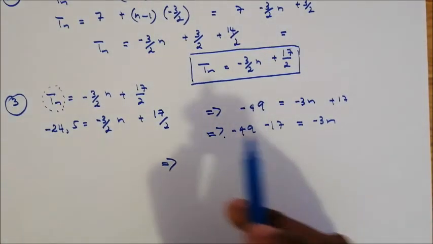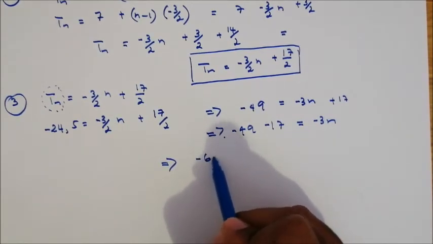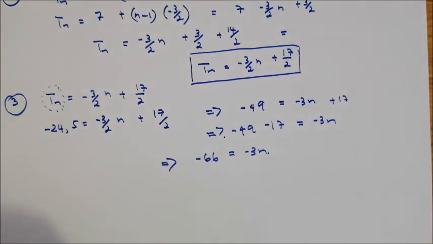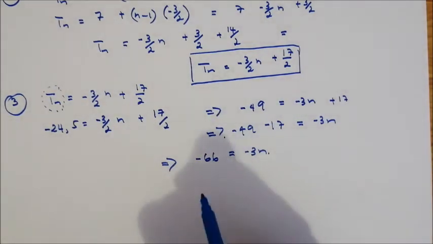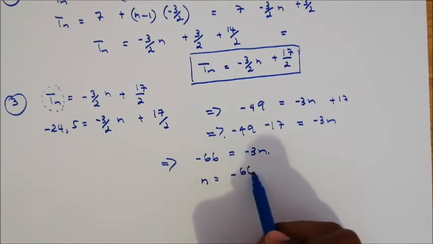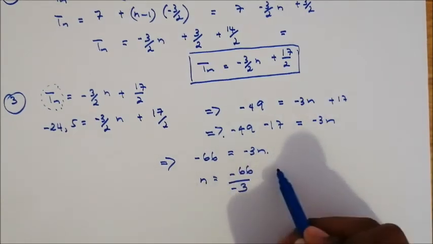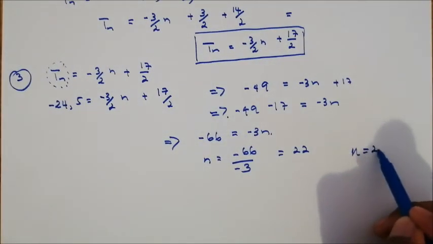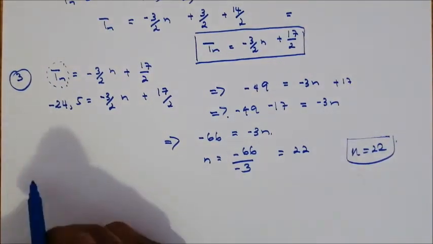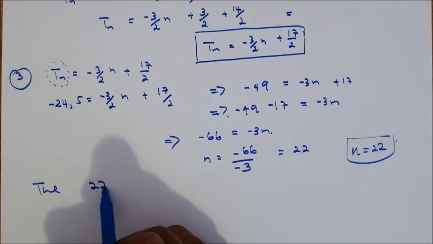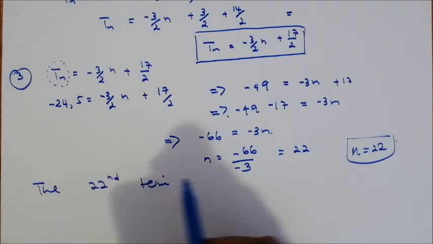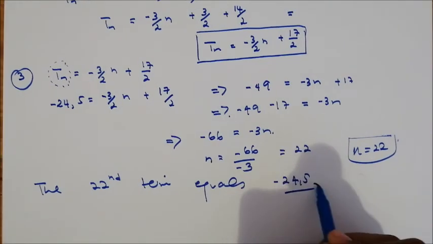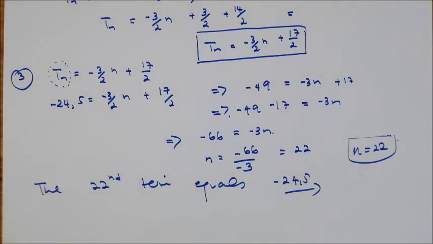So minus 49 minus 17 is going to be minus 66, is equal to minus 3n right there, right? So basically n is equal to negative 66 divided by negative 3, that's 22. So what does this say? This says that the 22nd term equals negative 24.5. So that is how we answer this question.